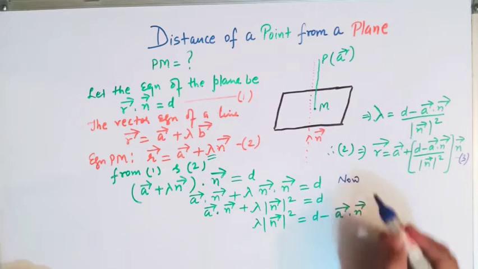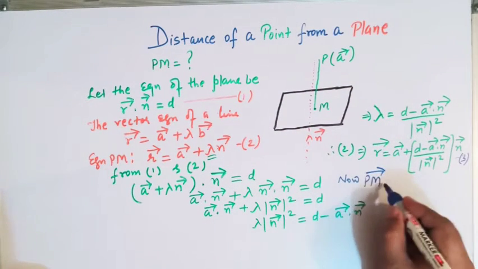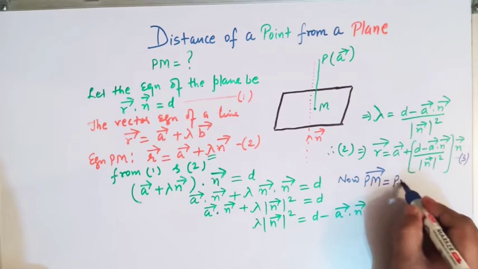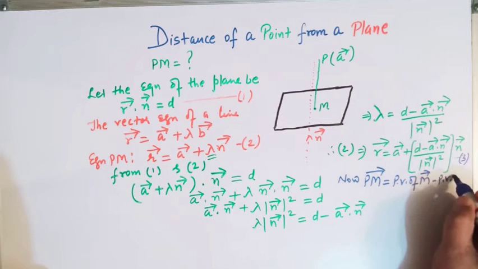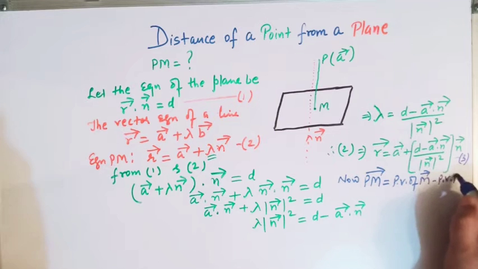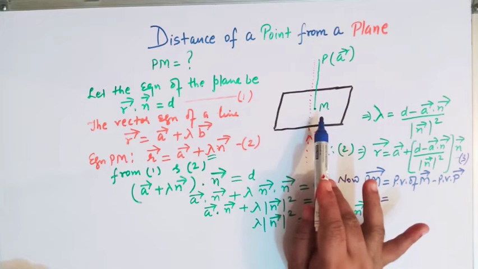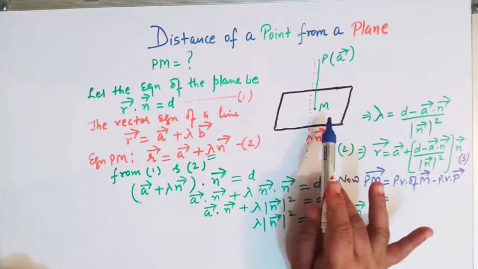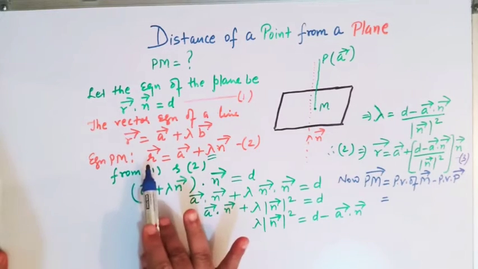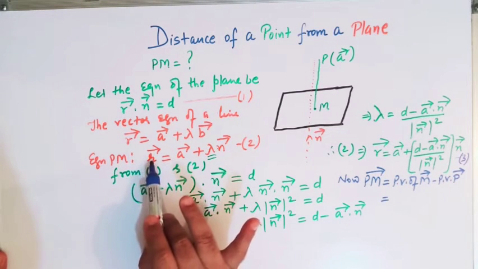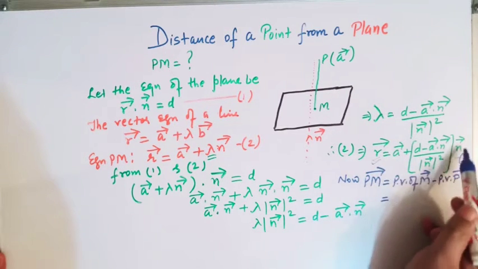Now let us consider the vector PM. The vector PM can be written as the position vector of M minus the position vector of point P. Now the position vector of M is given by this general vector r, and the position vector of M can be given by this equation.